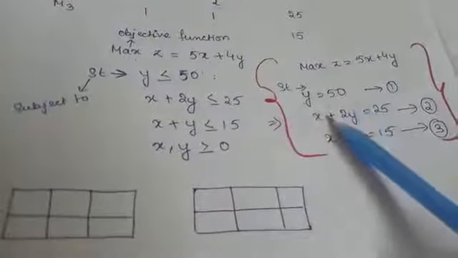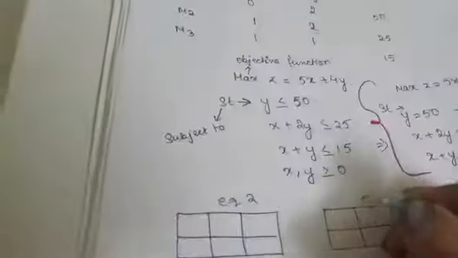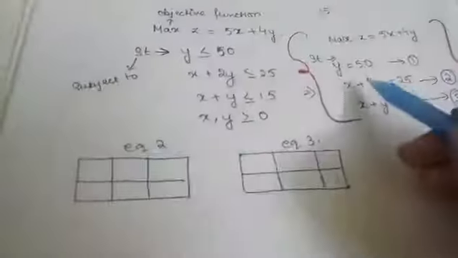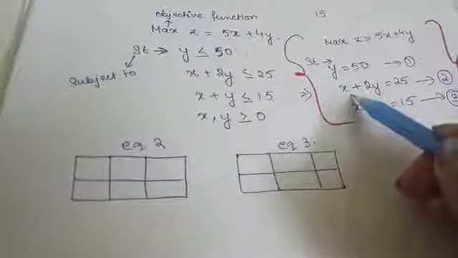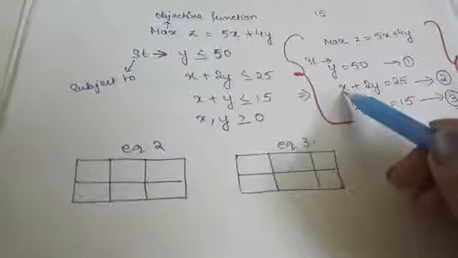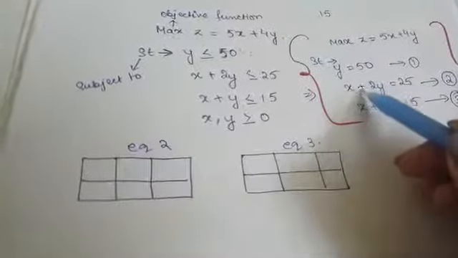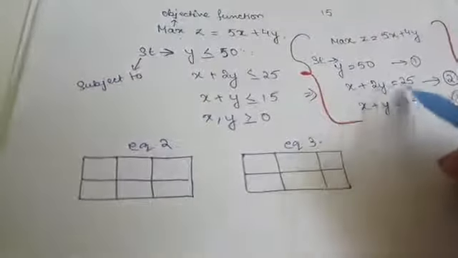Now this is for equation number 2. I'm just writing it for your convenience. This is equation number 2 and this one is equation number 3. Okay, so let's see for the equation number 2. The condition is, put one variable 0 and equate the other one.